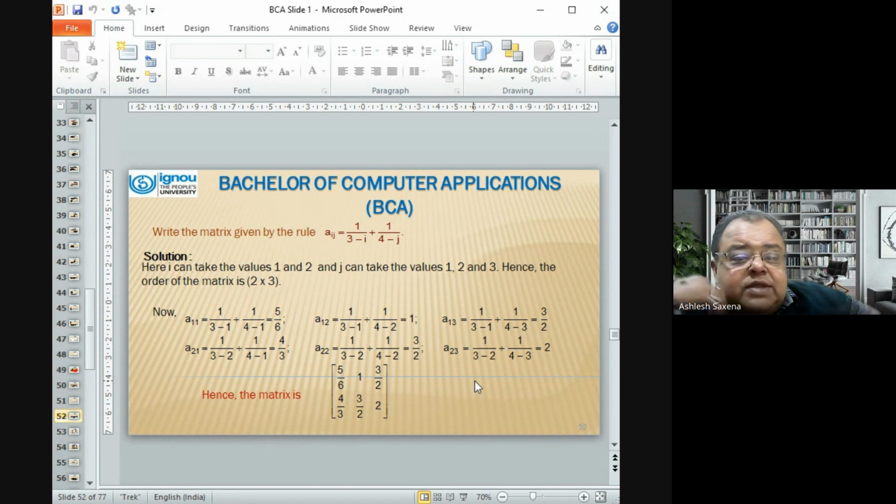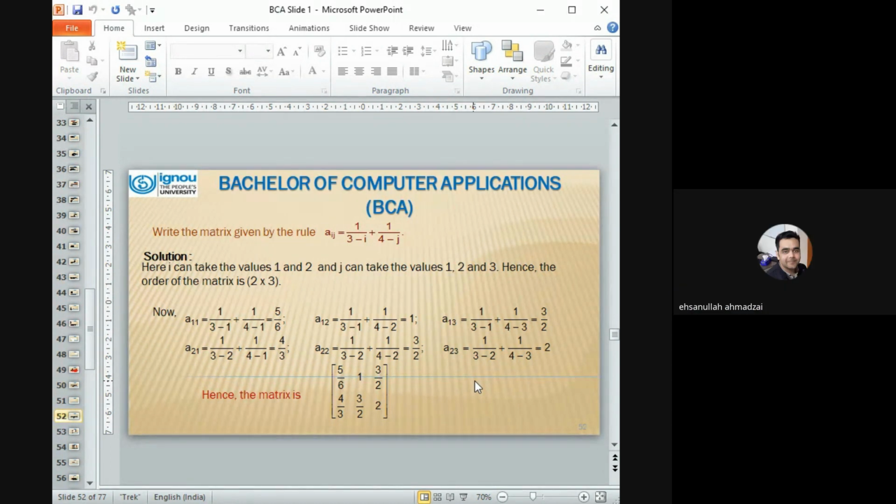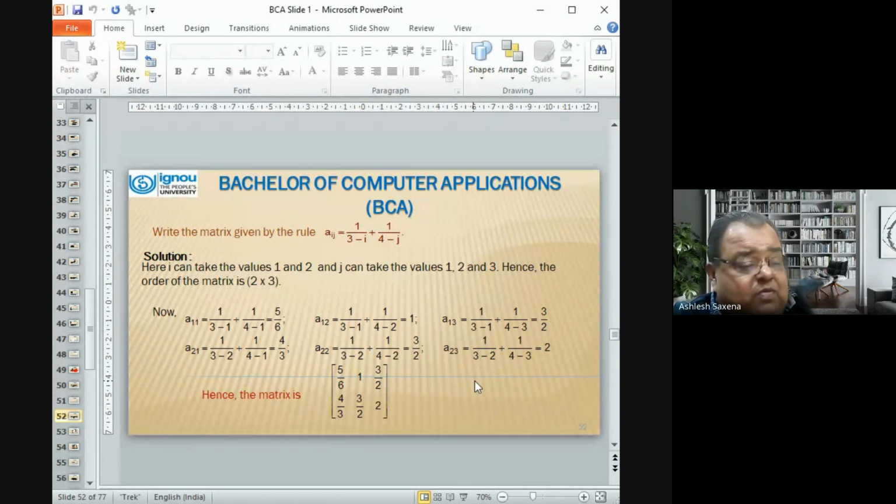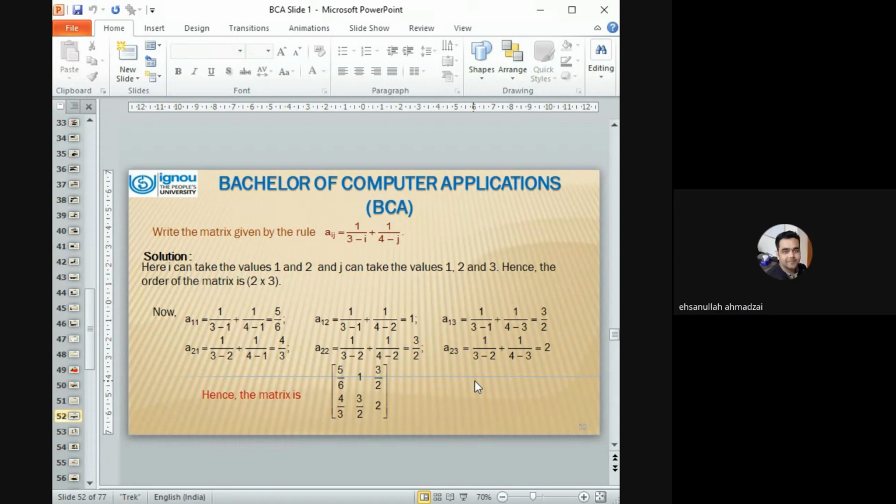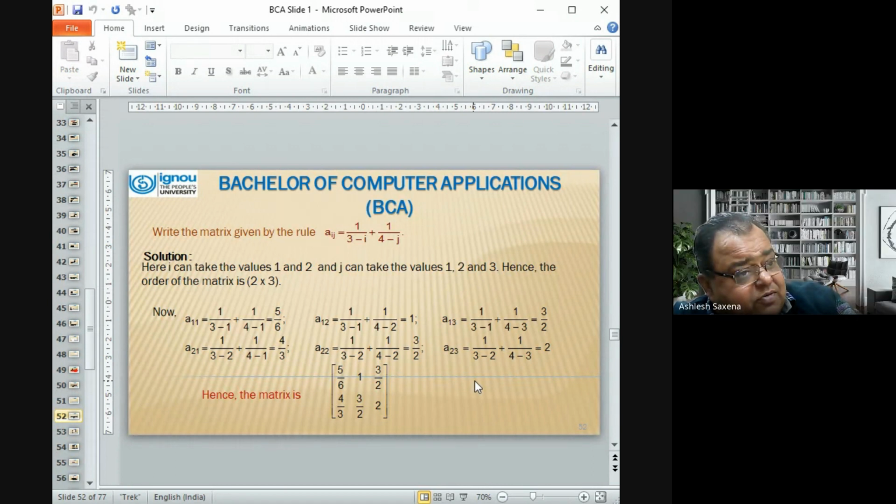Sir, I have a question. Why can I take 1, 2? Because you are finding the elements of the matrix, and i can take 1, 2, and j can take 1, 2, 3. Aij means the element in the i-th row and j-th column.